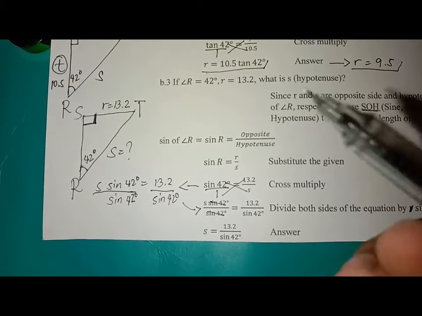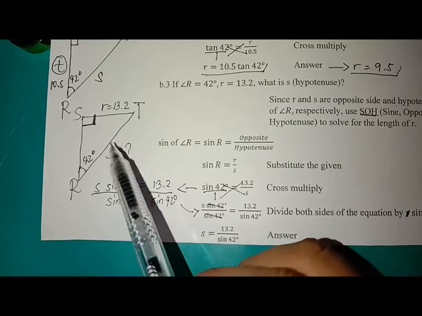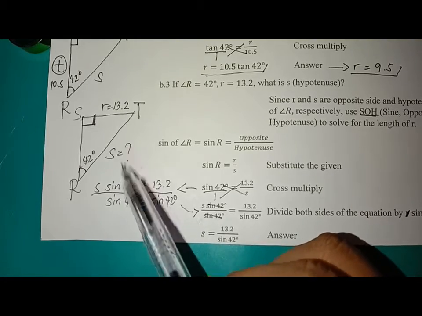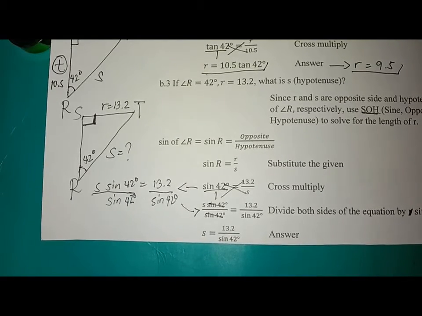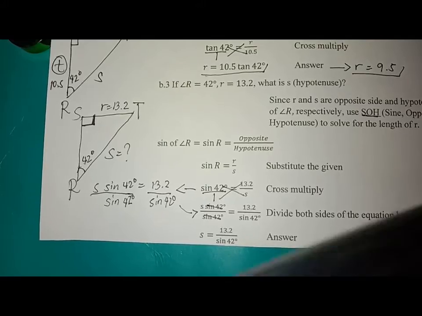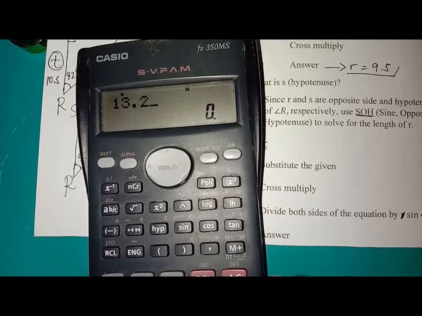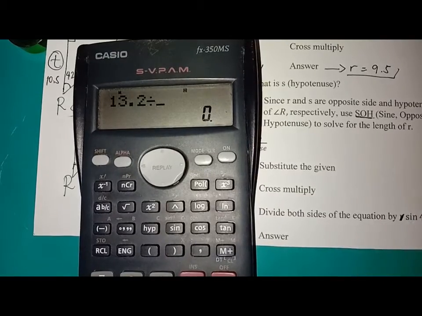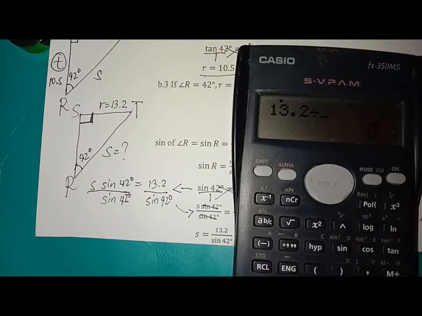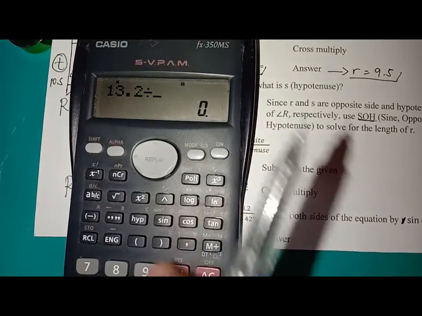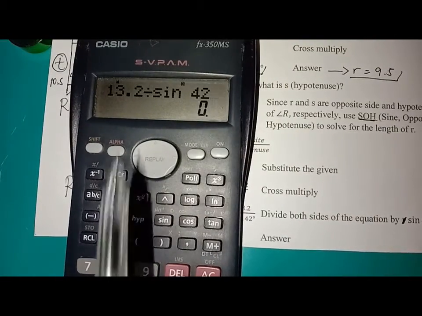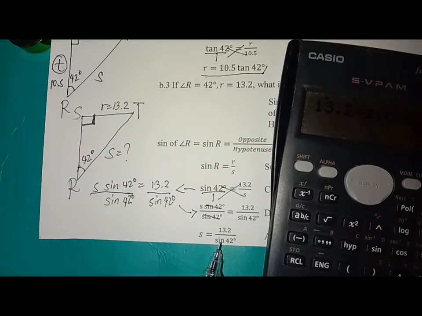If you're going to solve for the approximate measurement of S, or the hypotenuse, again, let's use the calculator. So let's type 13.2, then divided by, because it is over, so divided by, then sine 42. So 13.2 divided by sine 42, it means 13.2 all over sine 42 degrees.